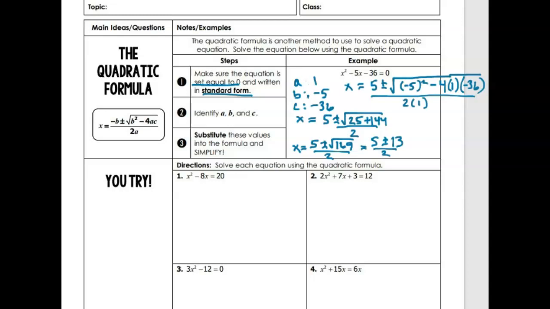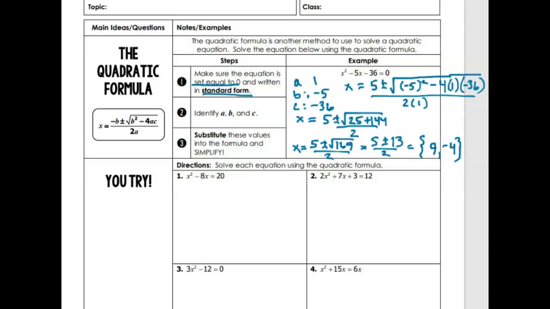If you were typing in an answer on Delta Math or something like that, you can hit the little plus button and make it two answers so that you can type them in separately. And then clearly the answer here, 5 plus 13 is 18, divided by 2 is 9. And then 5 minus 13 is -8, divided by 2 is -4. And it doesn't matter the order that you type those in.